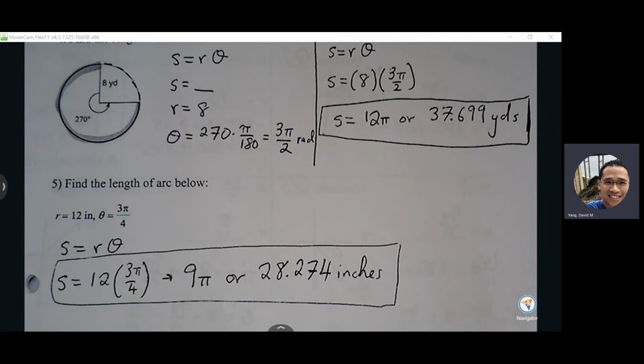Okay, the back page should be very similar to what we just did with coterminal and reference angles.